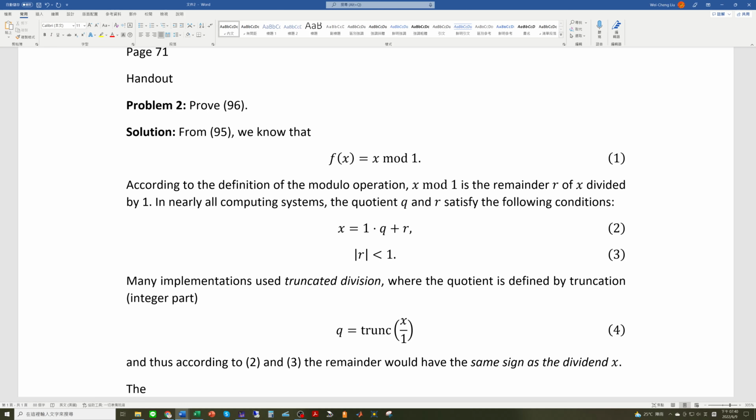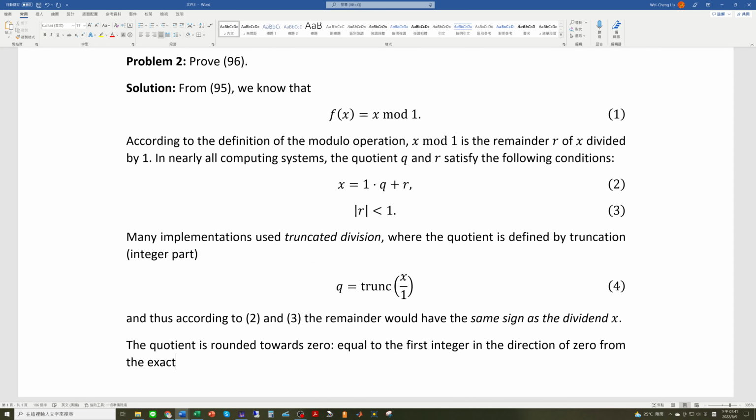The quotient is rounded towards 0, equal to the first integer in the direction of 0 from the exact rational quotient.